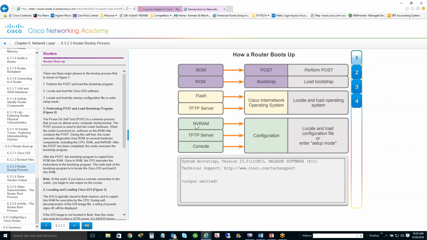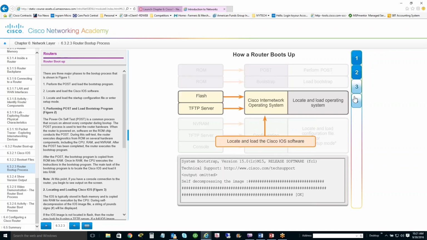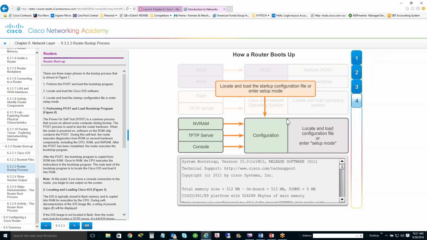And then from there, it gets your configuration either from NVRAM, a TFTP server, or you manually entering it into the console. By default, if it can't locate a configuration file, it goes into setup mode, which is what you have to do from the console. So this takes you through that whole process.